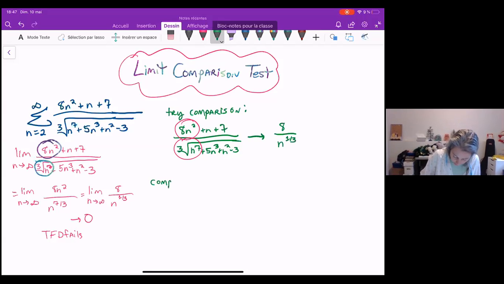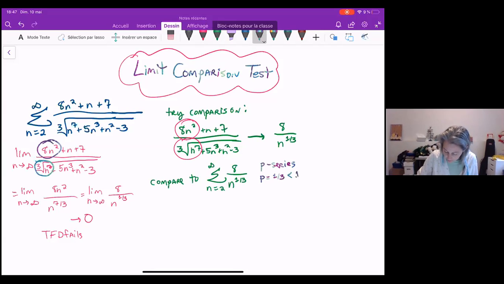So we would want to compare to the sum from n equals 2 to infinity, keeping that 2 the same as the original, of 8 over n to the 1/3. Now this is a p-series. My p is equal to 1/3, which is less than 1, which means that this thing we know diverges.